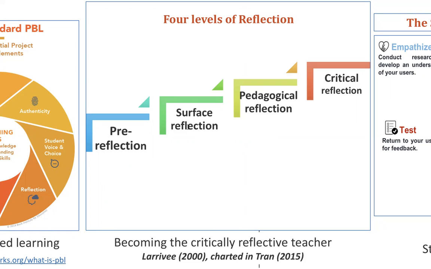Teachers are concerned with what works rather than with any consideration of the value of the goals as ends in themselves. And the term surface was chosen to depict a broader scope than technical concerns, while connoting that values, beliefs and assumptions that lie beneath the surface are not being considered at this level of reflection.